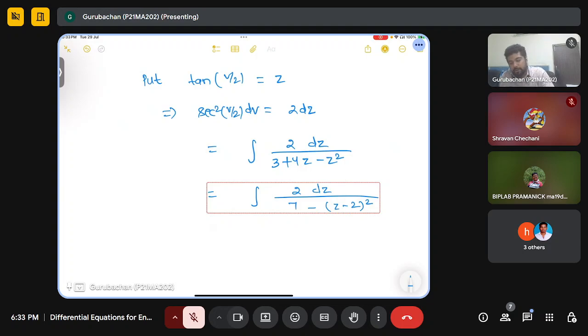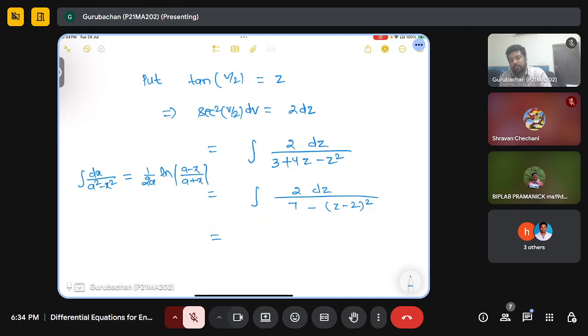You can check it. So again, with that formula, dx by a square minus x square, this will give you 1 by 2a ln a minus x divided by a plus x with some constant.